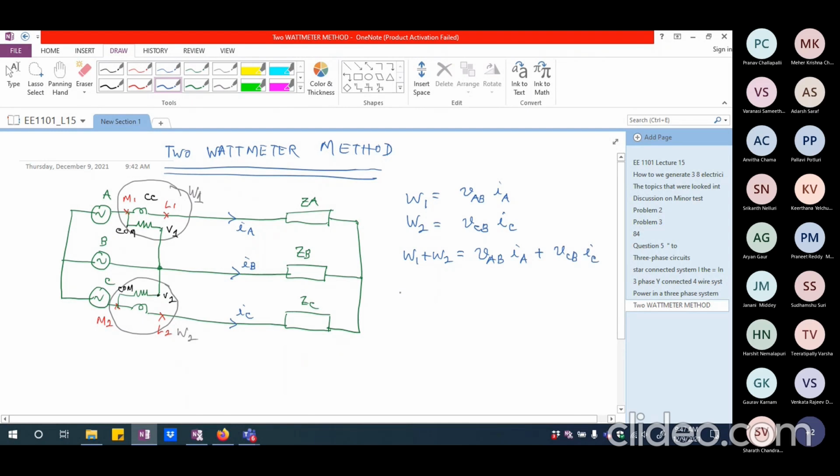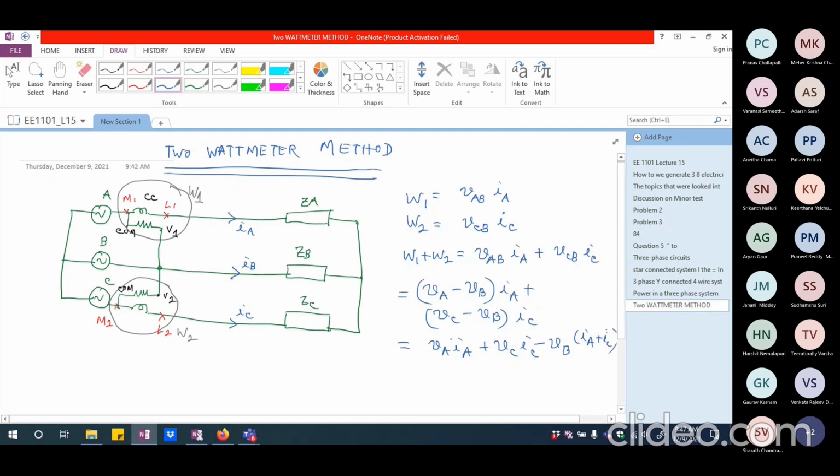So I should be able to write this as VA minus VB multiplied by IA plus VC minus VB multiplied by IC. Okay. Now I can write this as VAIA plus VCIC minus VB multiplied by IA plus IC.